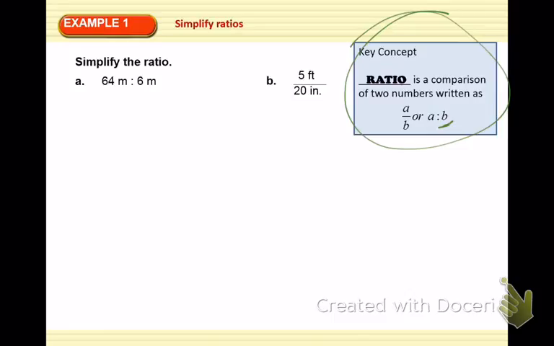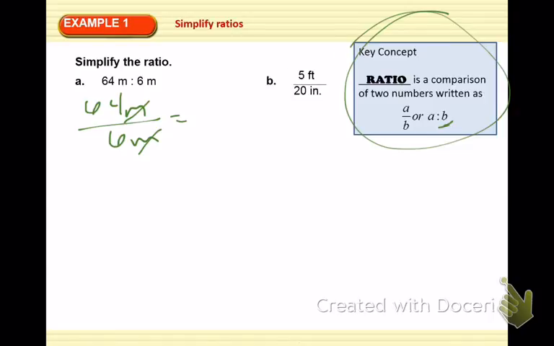Okay? So for example, if I want to know how much longer 64 meters is than 6 meters, right, then I can rewrite this ratio as a fraction, 64 meters to 6 meters. And I do that, the meters will divide out, so now we're unitless. And so all I got to do is reduce that fraction. Now remember how we reduce fractions? What do we do when we reduce fractions?